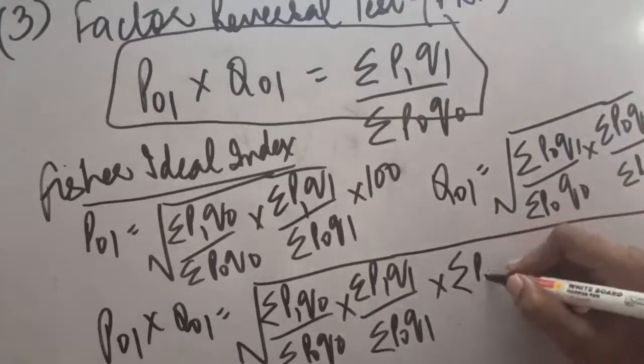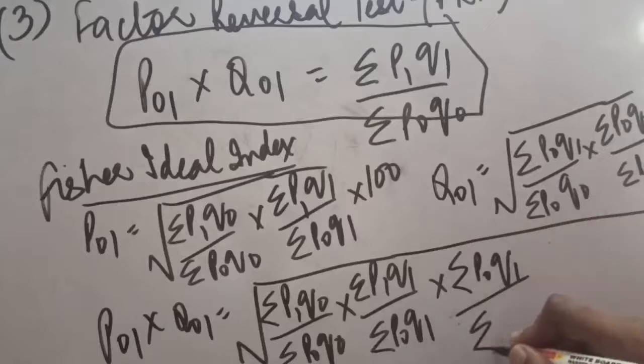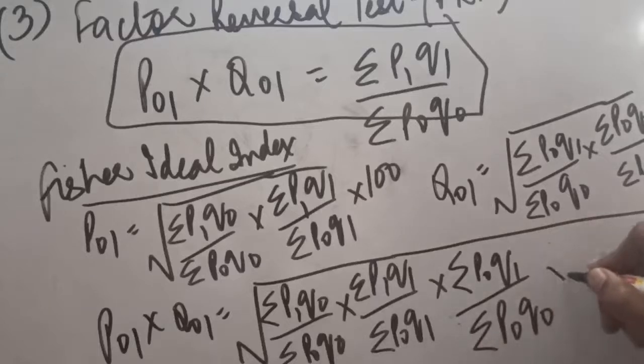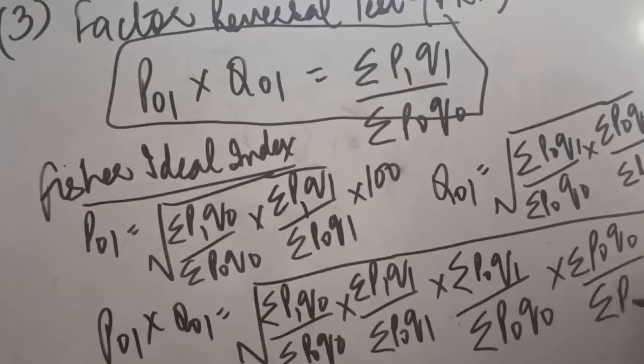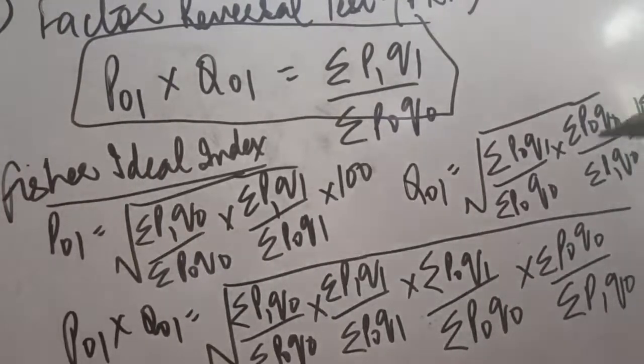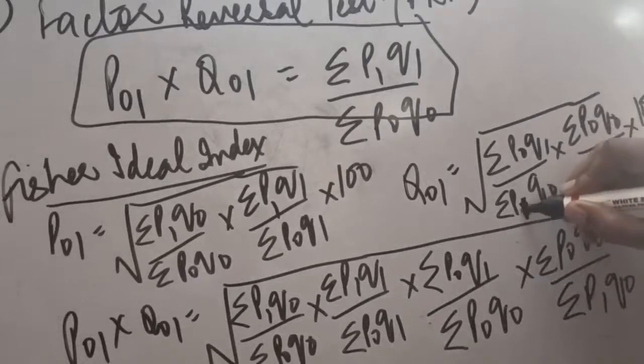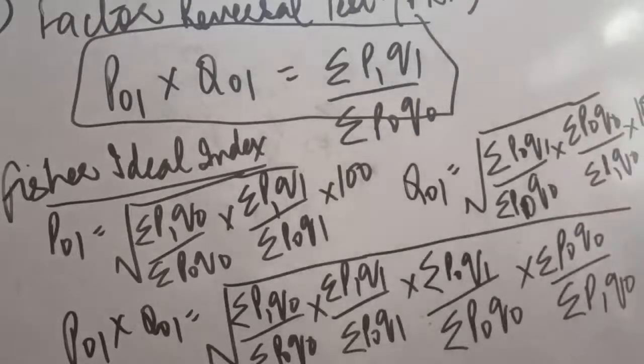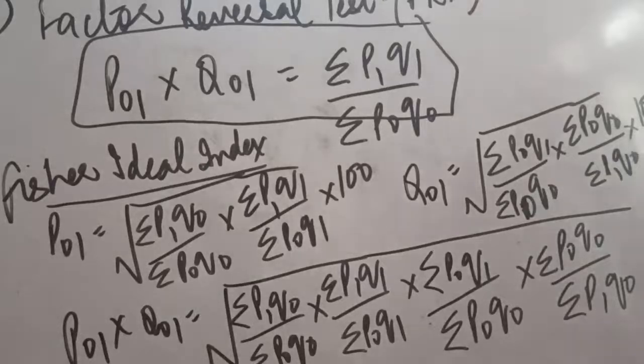So we will be writing this portion. These will be our answers when we put the values. So here it will be P1 Q1.